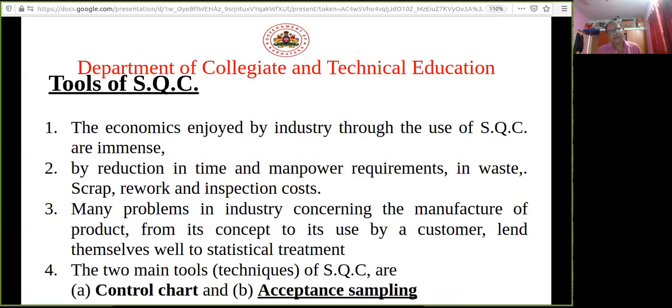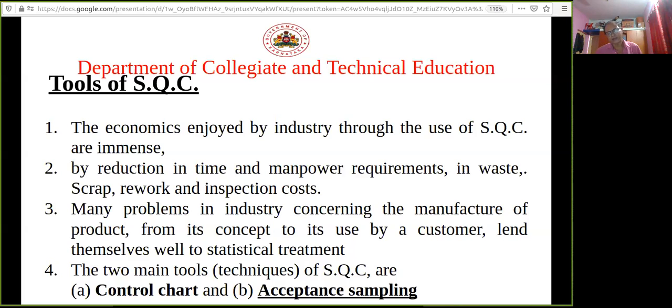So then there is an acceptance number, an agreement that takes place between the customer and the producers, where they decide, out of a lot of 100 or 200 products, to go for inspection: you select randomly a few items like 5 or 6, a sample.